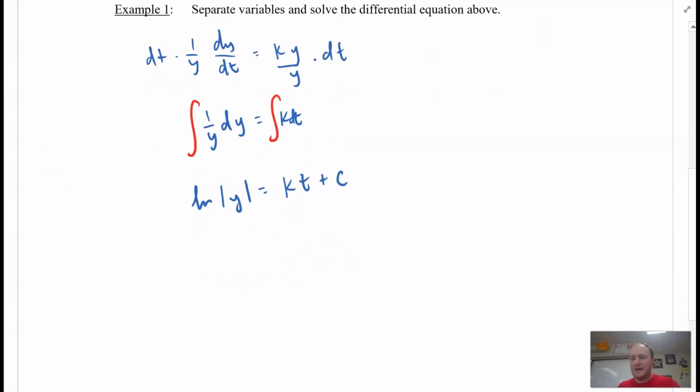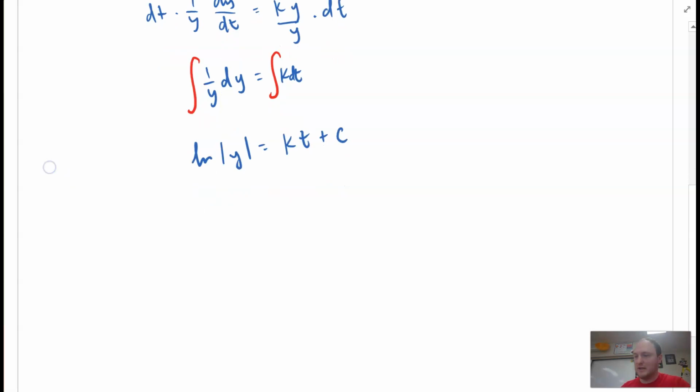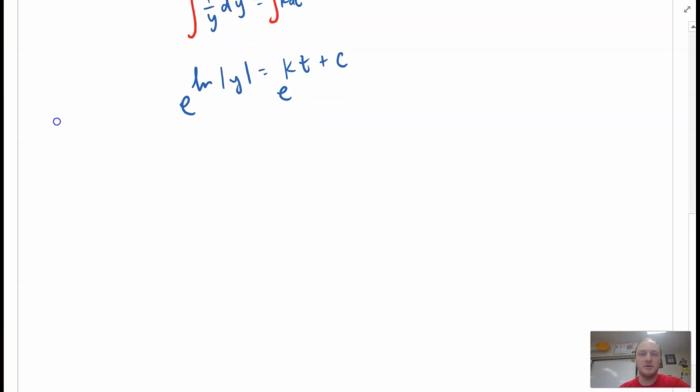Okay, and now I'll introduce e on both sides. So we get the absolute value of y is equal to e to the power of kt times e to the power of c, which gives us y is equal to plus or minus c times e to the power of kt.